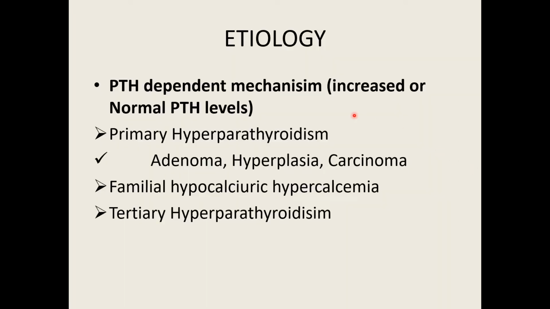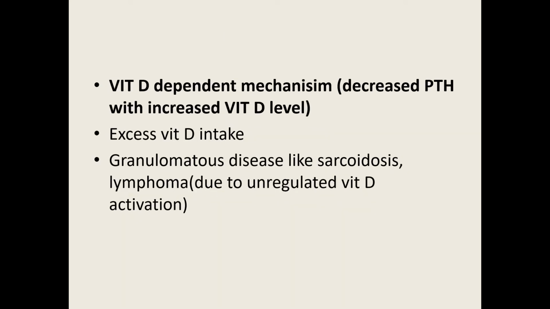So basically the etiology is a parathyroid hormone dependent mechanism, like I've already discussed. In primary hyperparathyroidism, 85% is because of adenoma, and also hyperplasia, and carcinoma is very uncommon, and familial hypocalciuric hypercalcemia. And a vitamin D dependent mechanism, like excessive vitamin D intake or granulomatous disease like sarcoidosis or lymphoma.